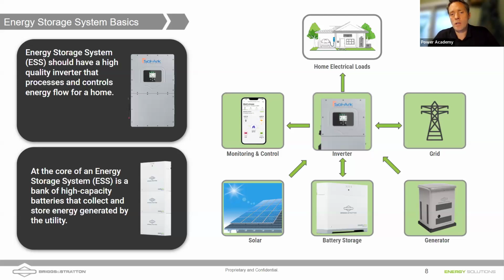Daniel, while we're on this slide, you mentioned the benefit of coupling solar panels directly to the batteries without converting that electricity to AC. Why would it be beneficial to do that? Well, one reason is it's more efficient to not have to switch between DC to AC, AC to DC.